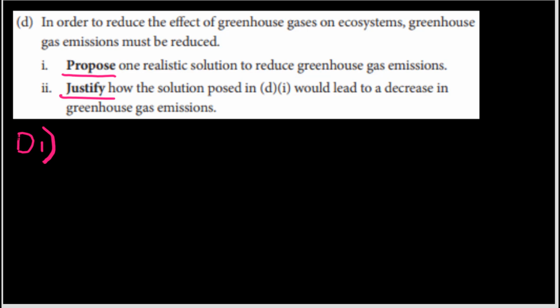You could talk about driving electric vehicles, or going to LED light bulbs. You could say whatever you want. When I was writing this out, I chose stricter emission regulations on vehicles. That was my first thought, so I was going to go with that.